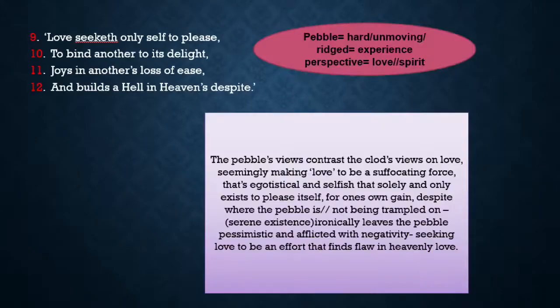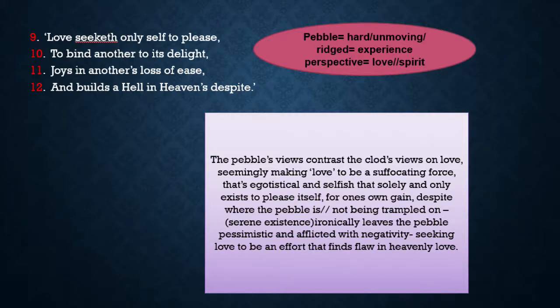Which brings us to the last stanza, and this is solely on the pebble's perspective. Love seeketh only itself to please, to bind another to its delight. Joy in another's loss of ease, and builds a hell in heaven's despite.